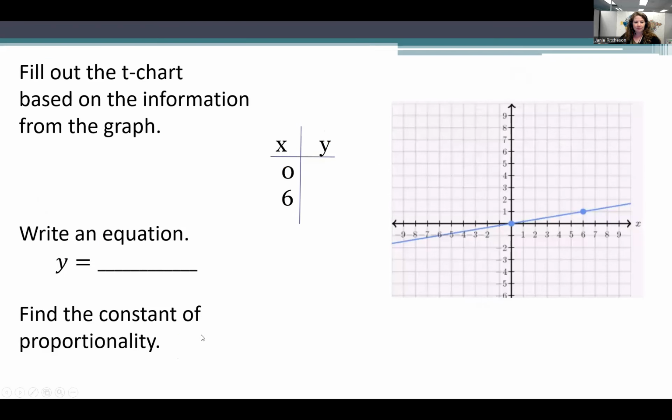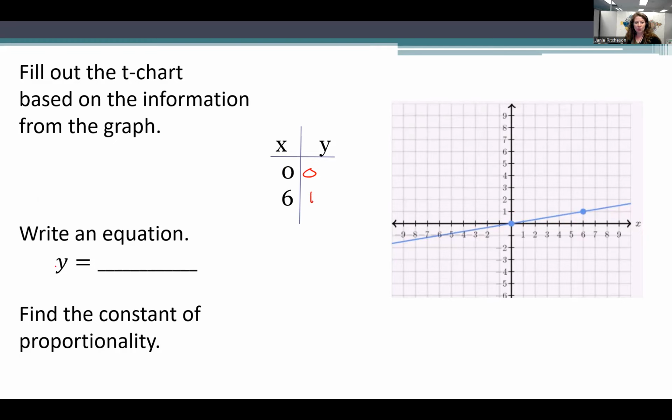All right, you guys try this one on your own, please. So we have 0, 0. And then it says when X is all the way over here, 6, Y is 1.